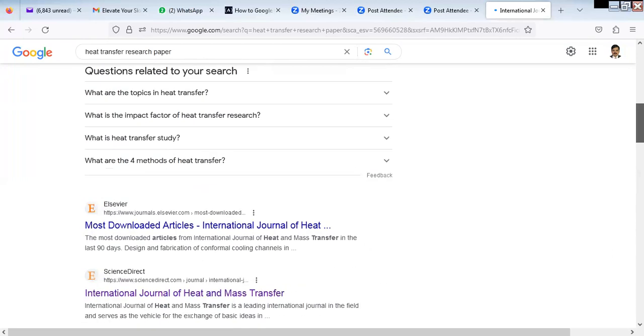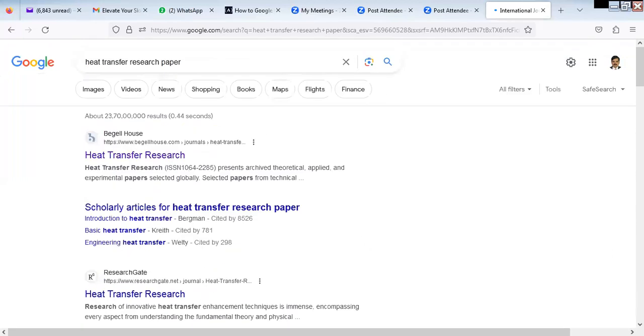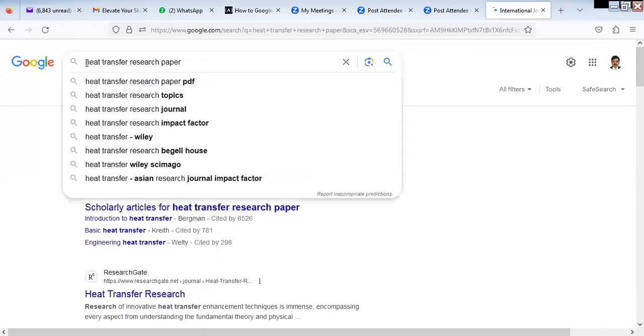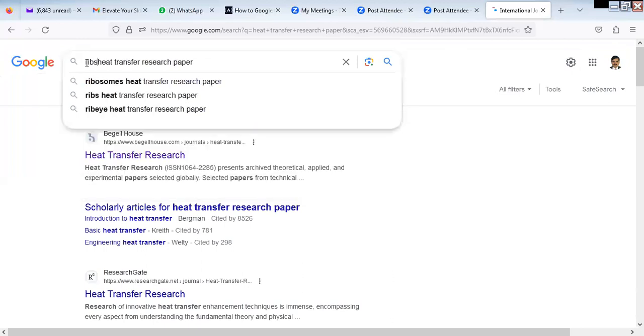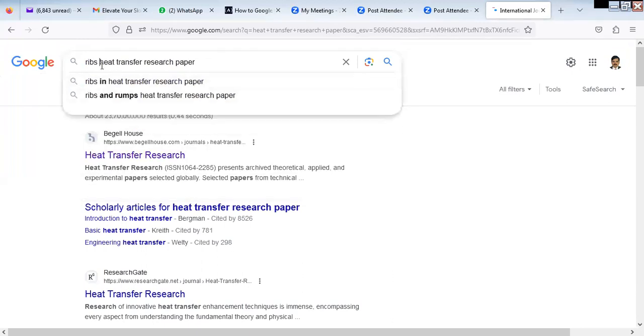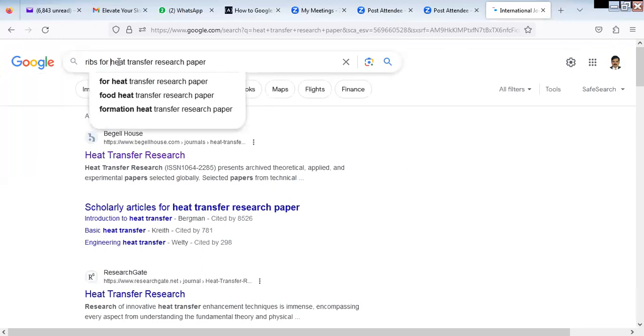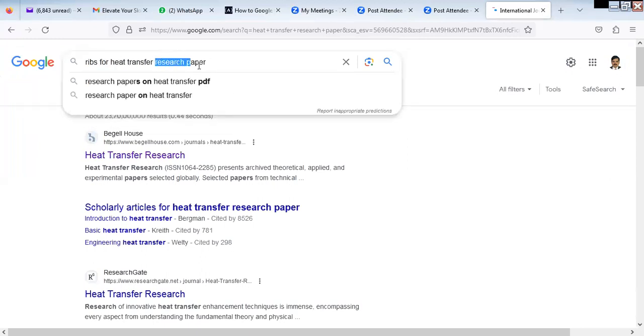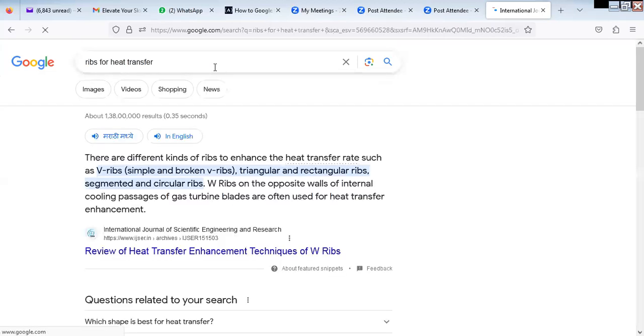This is random. Searching from the very broad area is very difficult. So I will just put ribs for heat transfer. First, I will not put research paper, just randomly put ribs.